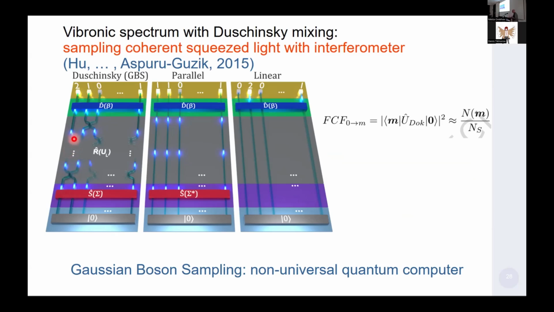The interferometer is actually a classical Mach-Zehnder interferometer in nature. It has semi-transparent beam splitters, which can be tuned to transmit a certain amount of light and absorb, or reflect, sorry. This is called a Gaussian boson sampler, and it's not a universal quantum computer, but it can solve vibronic spectra.